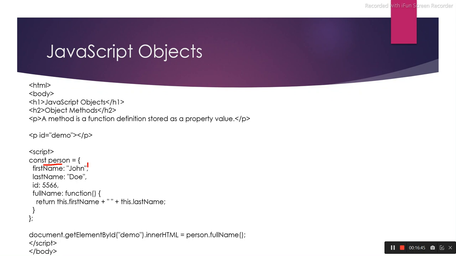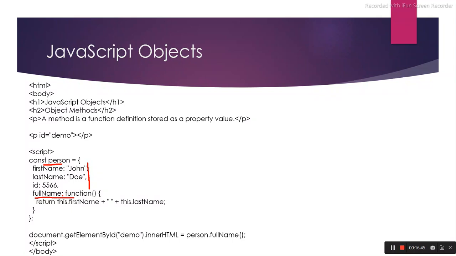Within this object I am creating some attributes: first name equal to John, last name equal to Doe, and an ID with some ID number given. Then this is a function I am declaring inside the object, something like how you declare a function inside a class.